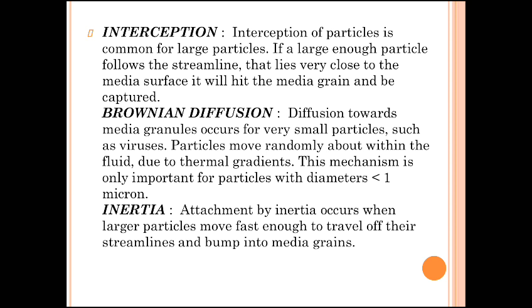This mechanism is only important for particles having a diameter less than 1 micron. When they move randomly, that is called Brownian movement, so this diffusion is called Brownian diffusion.